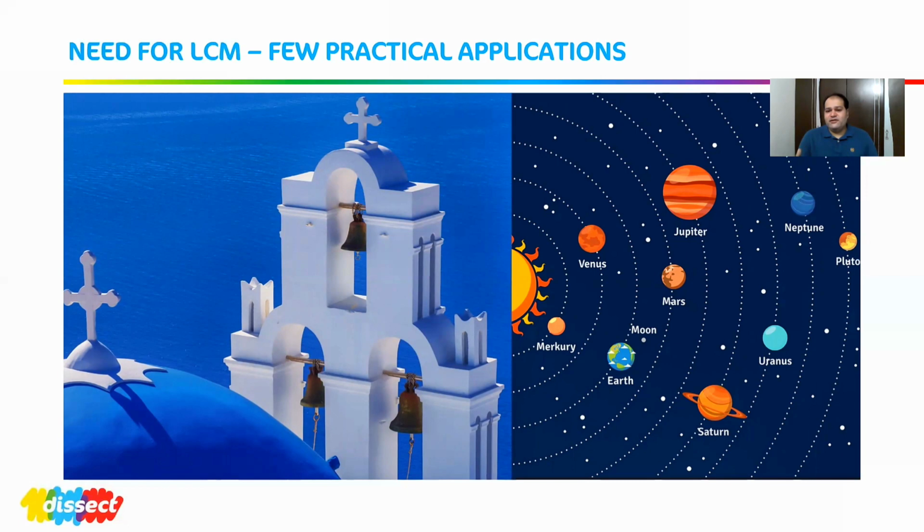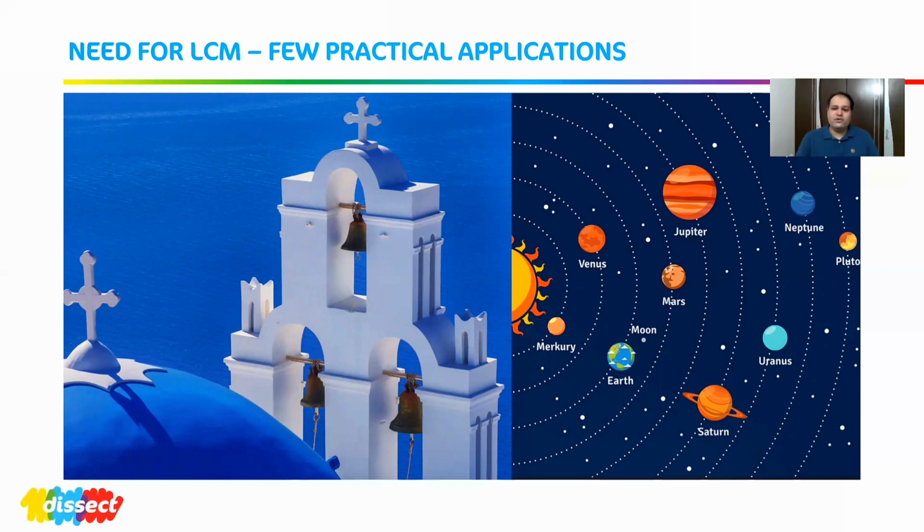The second application, which is a very real life application, is if you want to find out the time or the year when all the planets would be aligned in a straight line with respect to the Sun. Currently they are all at very different places. This happens as a very rare moment in the whole solar system when all the planets are in the same line. So how can you find out? Each of the planets has a different time interval it requires for going around the sun.